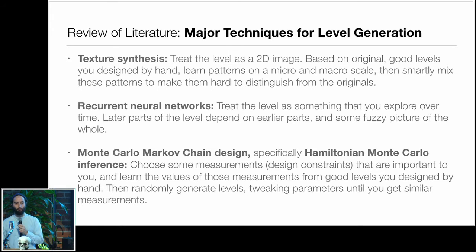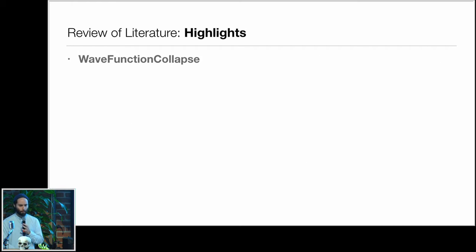So it's a really fascinating in-between that people kind of do automatically. Every single roguelike today that uses heuristic level generation is really a special case of Markov chain Monte Carlo design, where you have just decided what you want, as opposed to the computer figuring it out. So let's look at some of these demos.